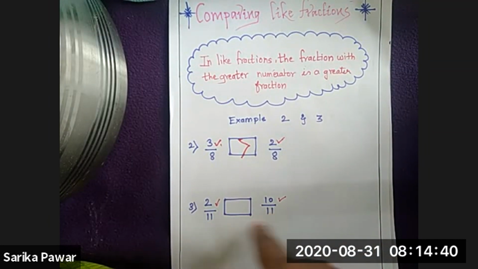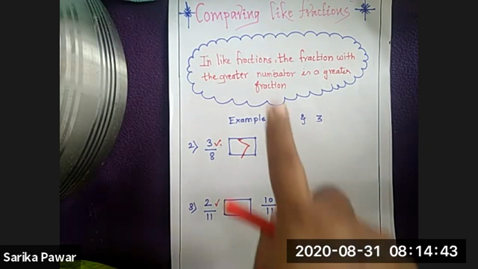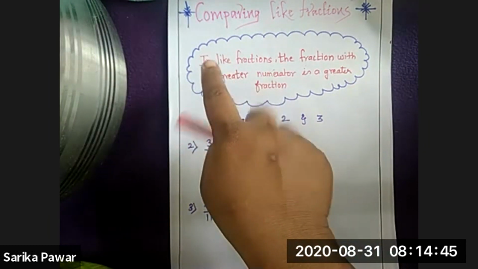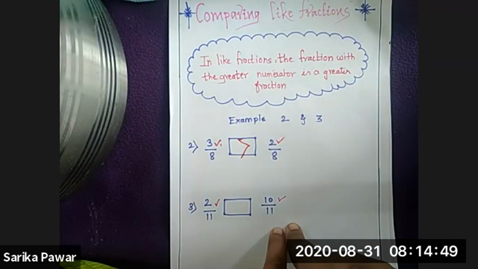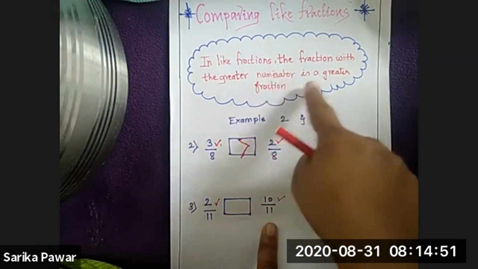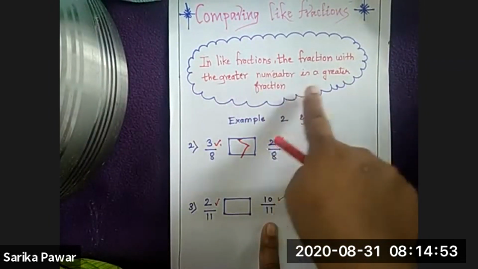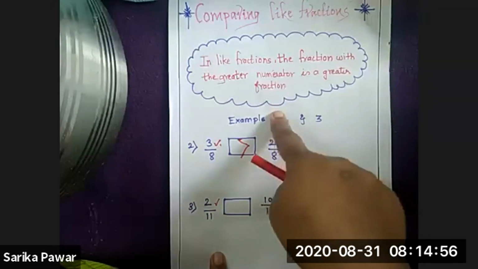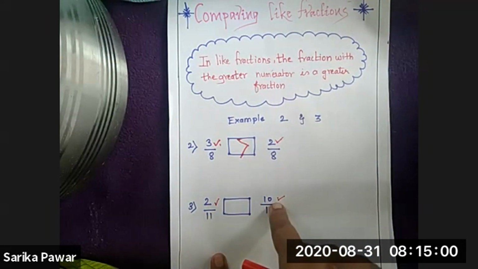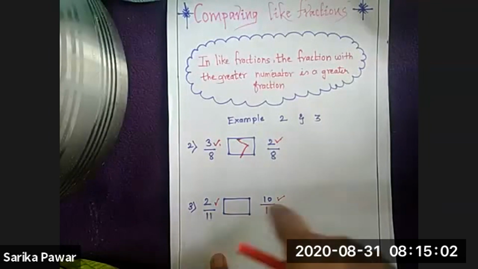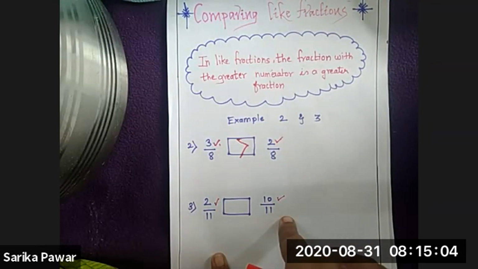So if the denominators are the same, that time what we have to do? What does the rule say? In like fraction. Yes, it's like fraction because its denominators are same. The fraction with the greater numerator is the greater fraction. Right? So here is the numerator value 2 and here is the numerator value 10. So which one is greater and which one is smaller, you tell me?